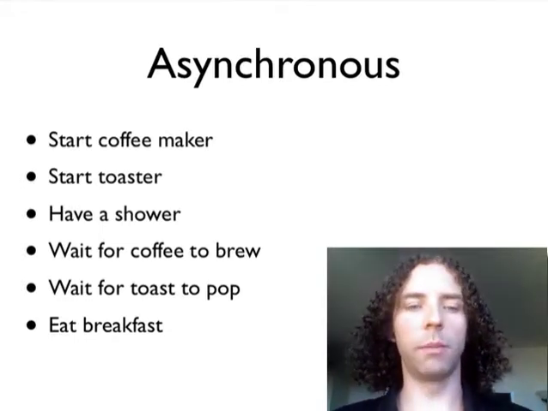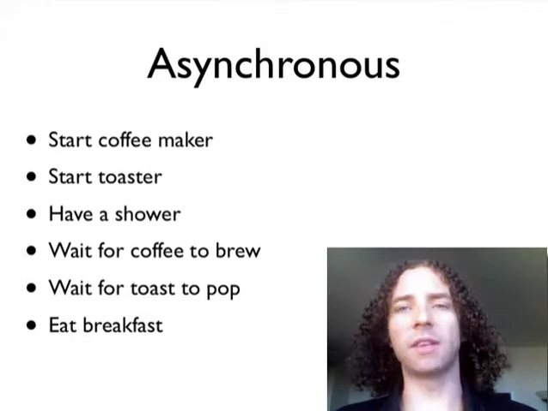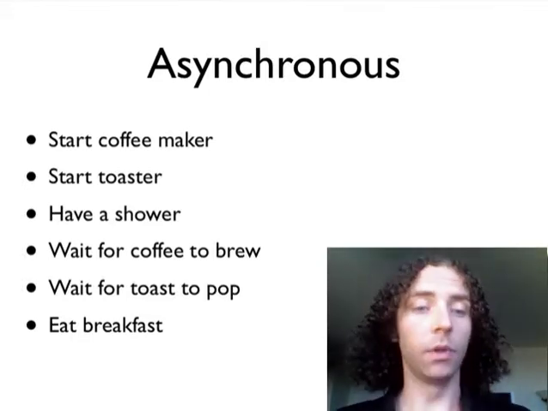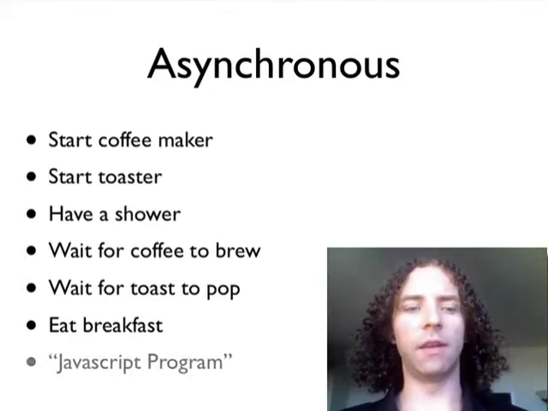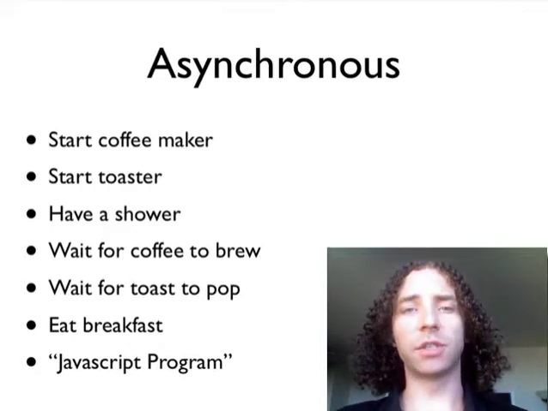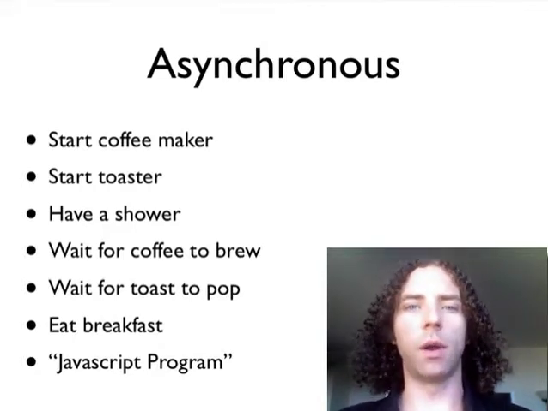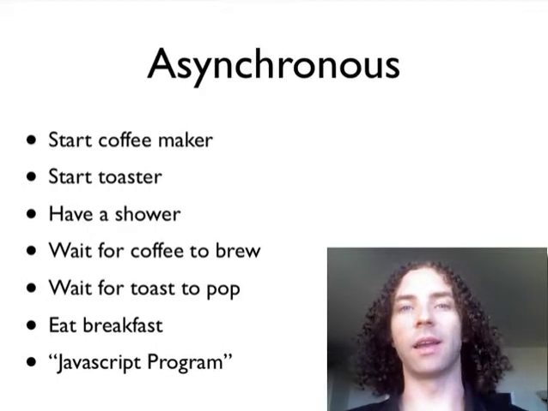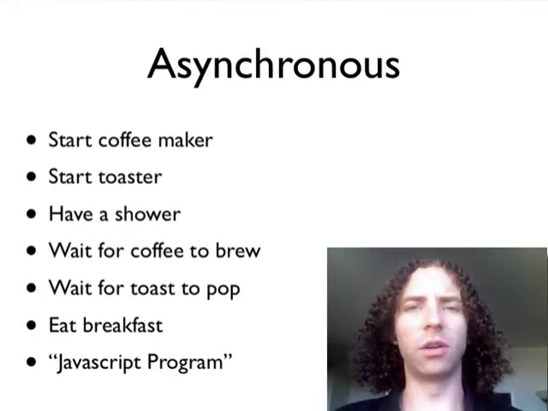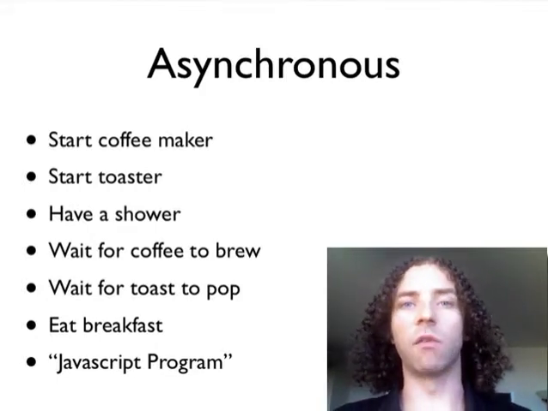And we could only worry about the shower, because that's probably the task here that takes the longest. So this is what you'd see in, for example, JavaScript. Because JavaScript is written to run inside a web browser and do things like network operations, which take a long time but don't require any CPU power, they just wait for things to happen.